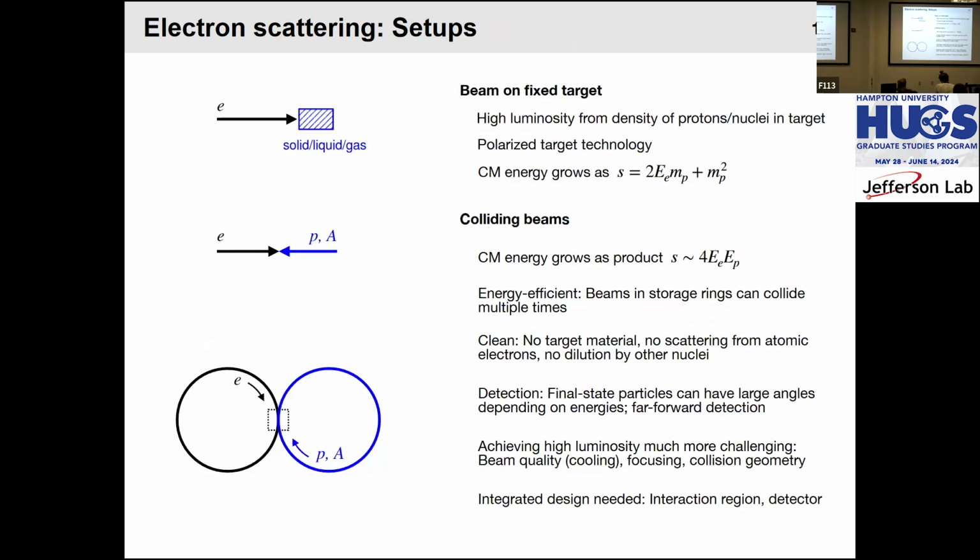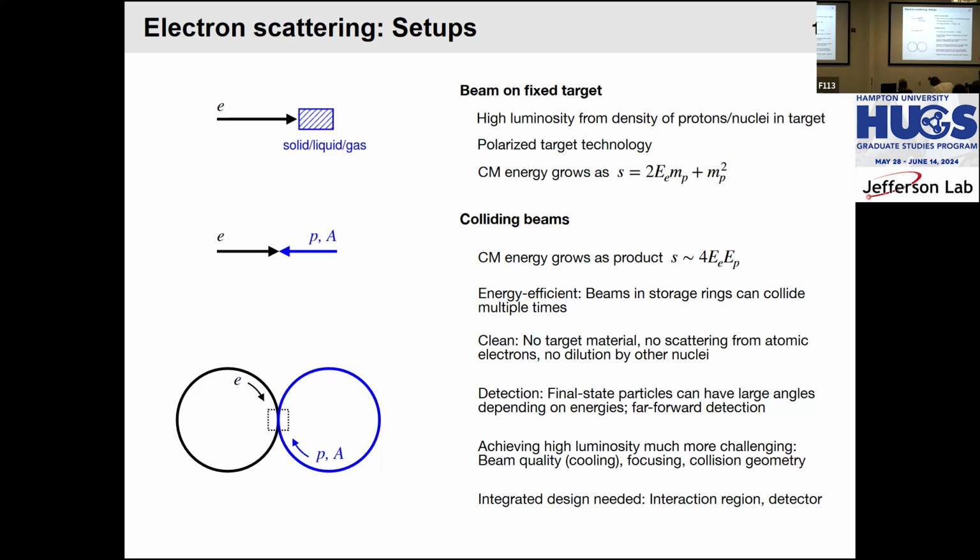Okay, very good. Let's briefly talk about the experimental setups in electron scattering, and this could be a whole conference in itself. There are essentially 2 methods. One is to shoot a beam of electrons or muons, for that matter, on a fixed target, which can be in a solid, liquid, or gaseous state.